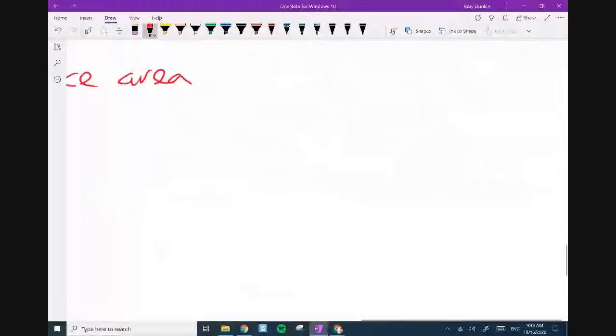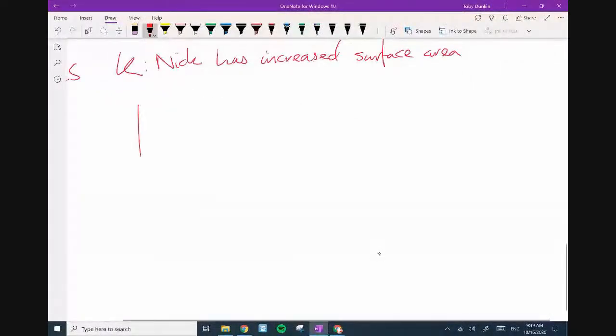He started off with a marble chip. He then cut it into a powder, which is really tiny pieces. Now, what that means is it's got the same mass of it, but now much larger surface area. So here's his original chip, and there's his powder.